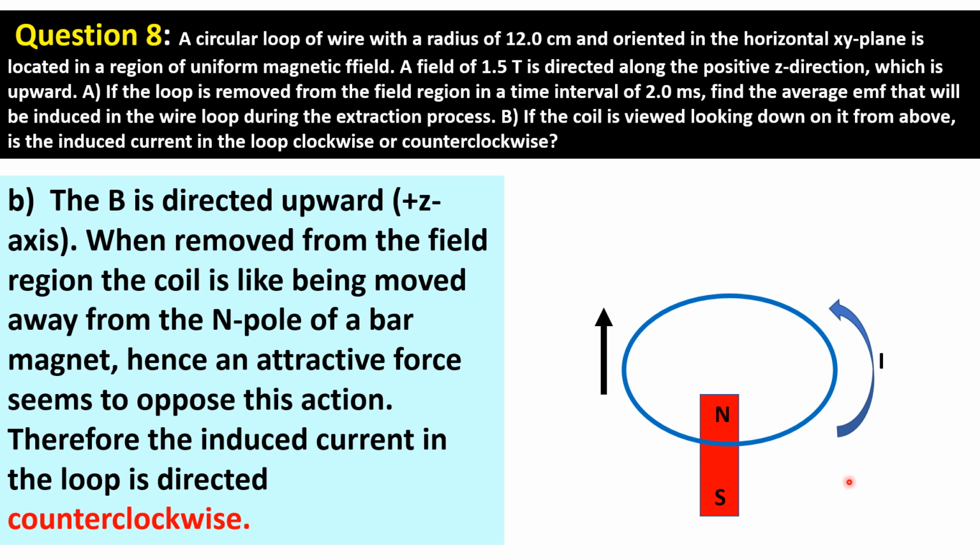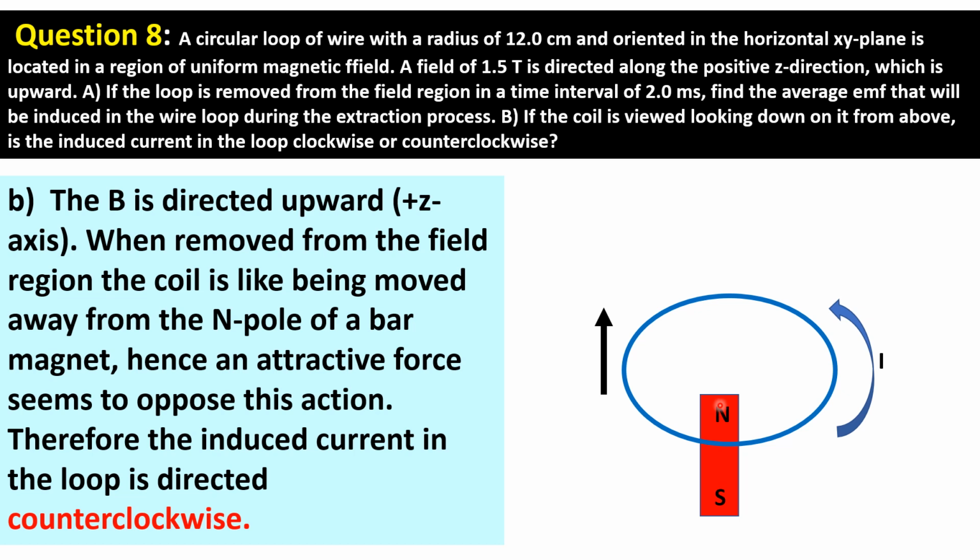So again, we make use of our modified right hand grip rule, where the curling of your forefingers will represent the current induced, and your thumb points in the direction of the outside magnetic field, which we earlier said is directed upward.